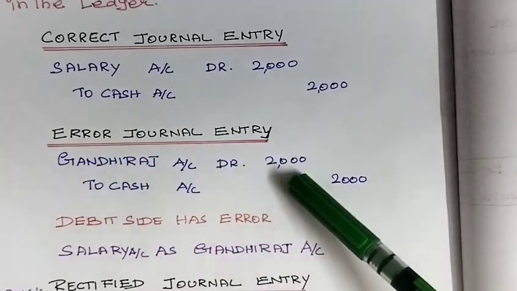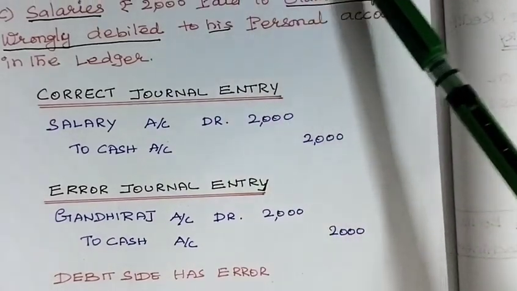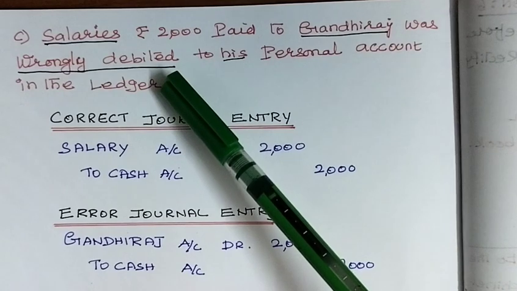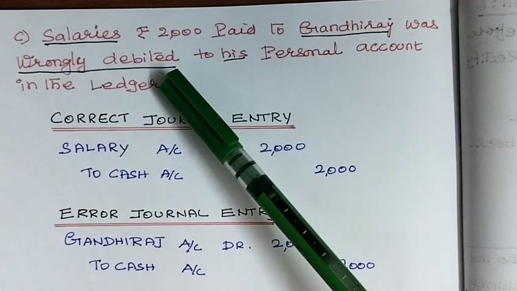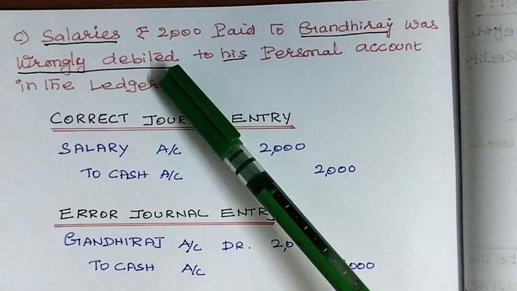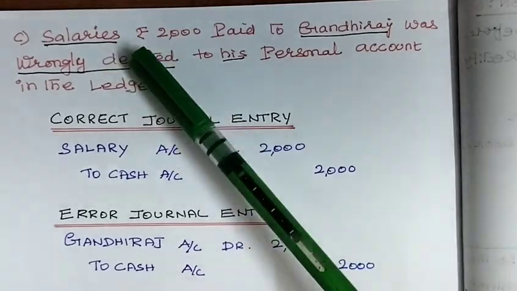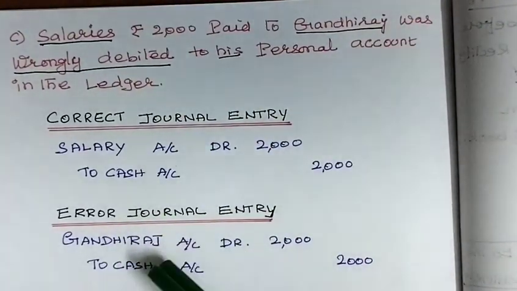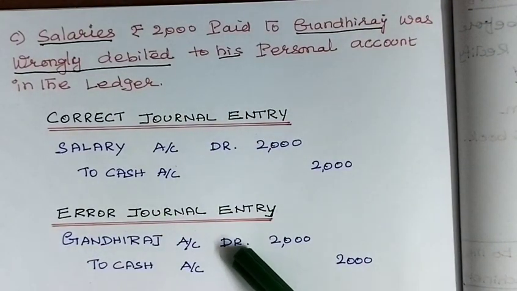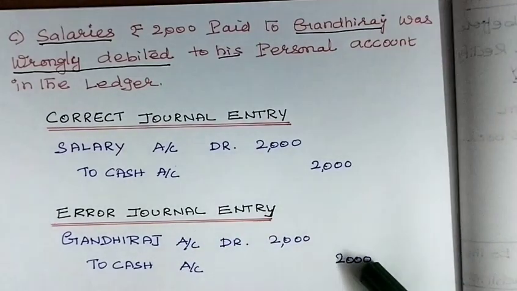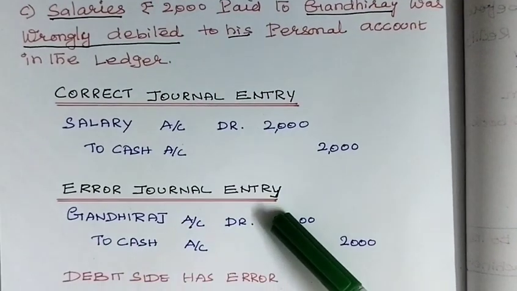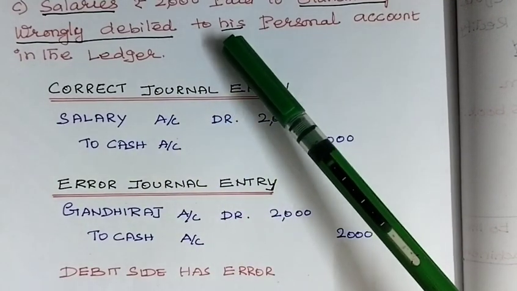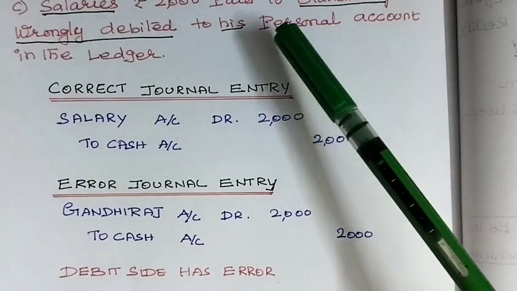Gandhiraj account debit 2000 rupees to cash account. Listen to the transaction carefully, we can easily understand what they mentioned. So instead of the salary account, they wrongly debited the Gandhiraj account. This is the error journal entry.